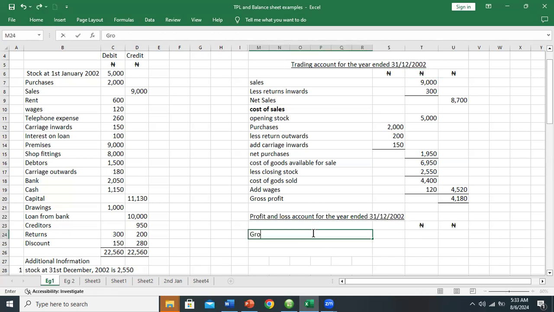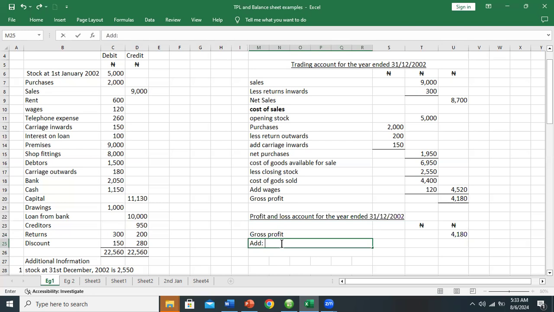So we begin with the gross profit, which is 4,180. Then as the format suggests, you add other income.